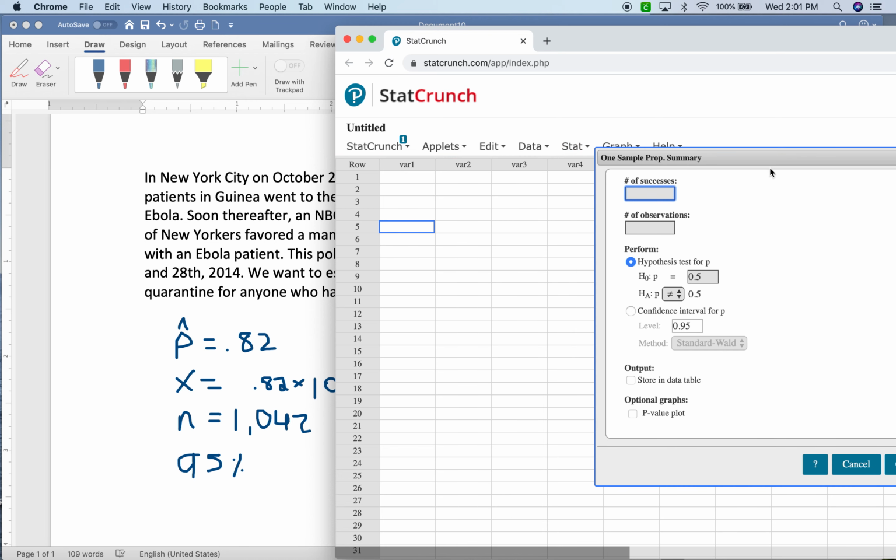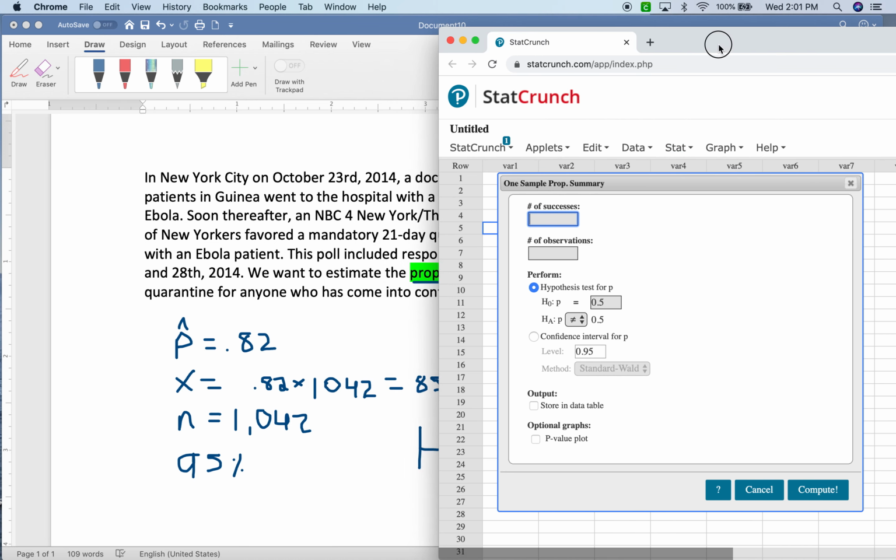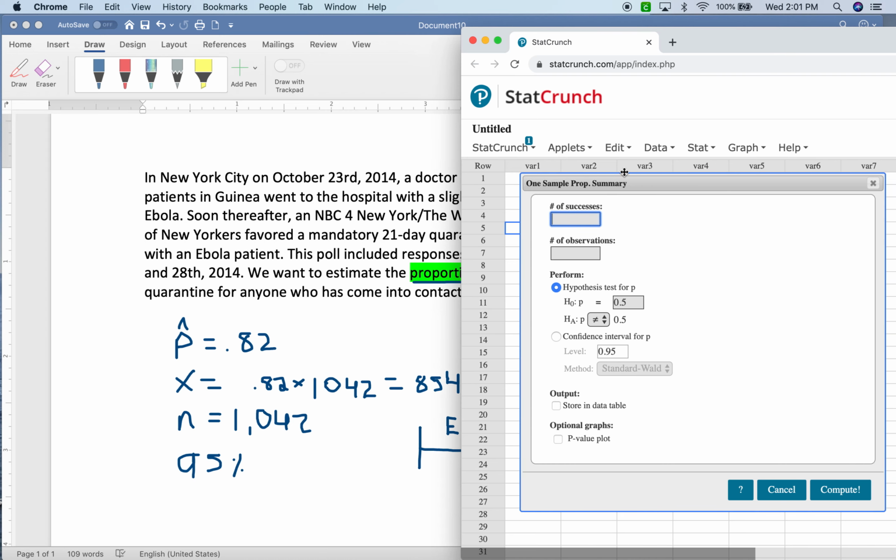So I'm going to use Summary. Our number of successes was our x, which we found was 854. Our number of observations was our n, which is 1,042. And then we want a confidence interval, so I'm going to click on Confidence Interval, and we have 95%, so that's good. Once you have all of that plugged in, we're going to hit Compute.